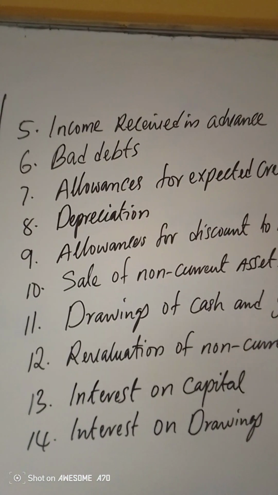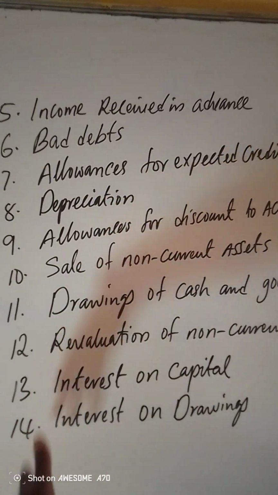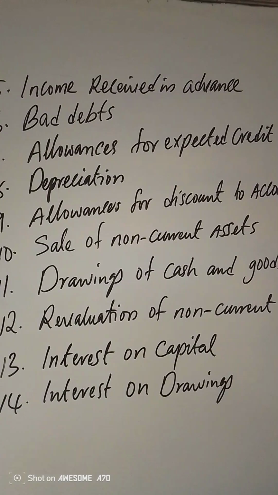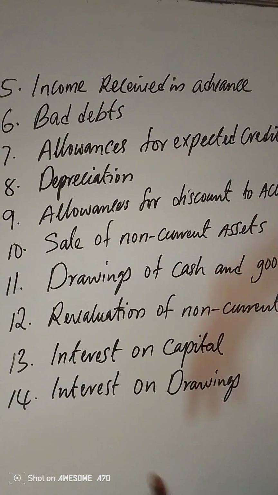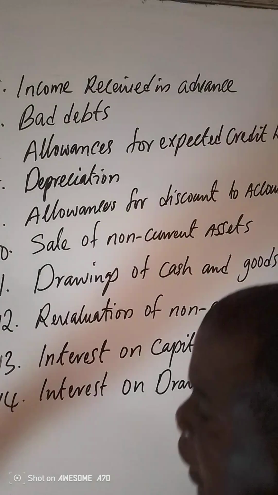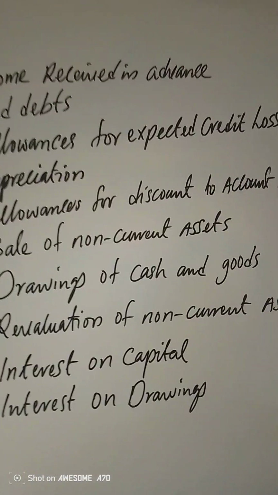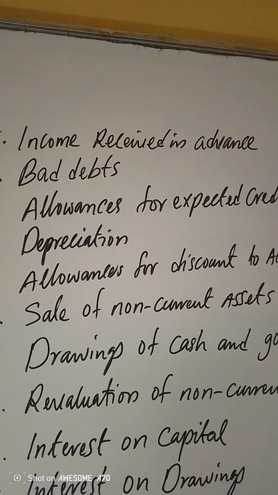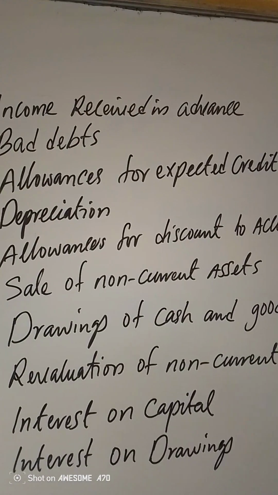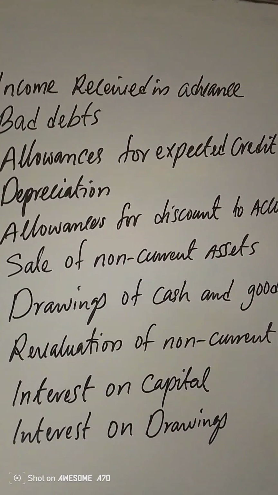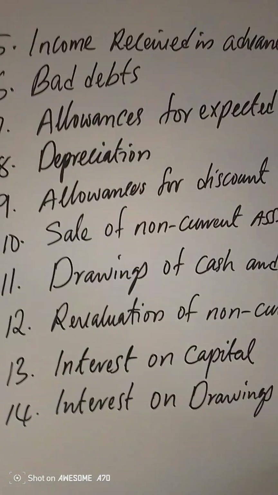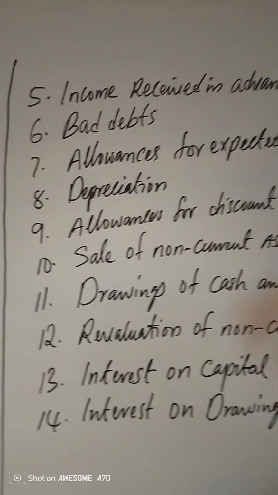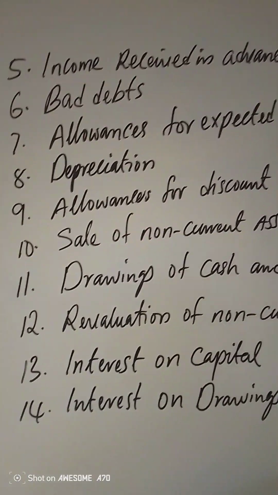For example, if the business is to receive rent for 1 year from a customer, maybe the building has been sublet to the person, and the owner is supposed to receive, let's say, 20,000 in a given accounting period, but the business receives the rent for 2 years, that is 1 year in advance, then we call it an adjustment, because the income that is received in advance will not be included in the very year we are talking about, because of the matching concept. That is what is called an adjustment in that area, because the income received in advance must be adjusted, since the whole amount was received in the accounting period.